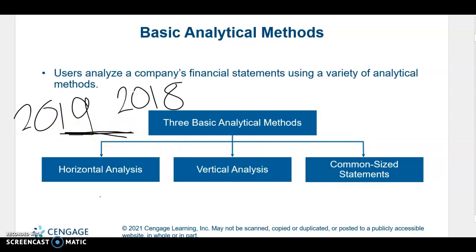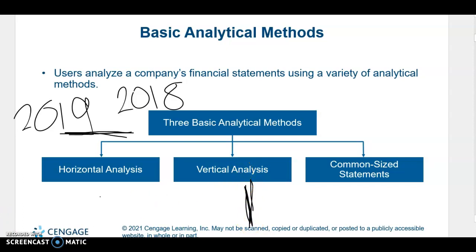So that's why it's called horizontal analysis, because we're comparing horizontally. The next method is the vertical analysis. And we know that vertical is up and down, so that means we're going to be comparing items inside the financial statements. An example would be if we compare total revenues to utilities expense. We're looking at items vertically in that financial statement, and that's going to be called the vertical analysis.